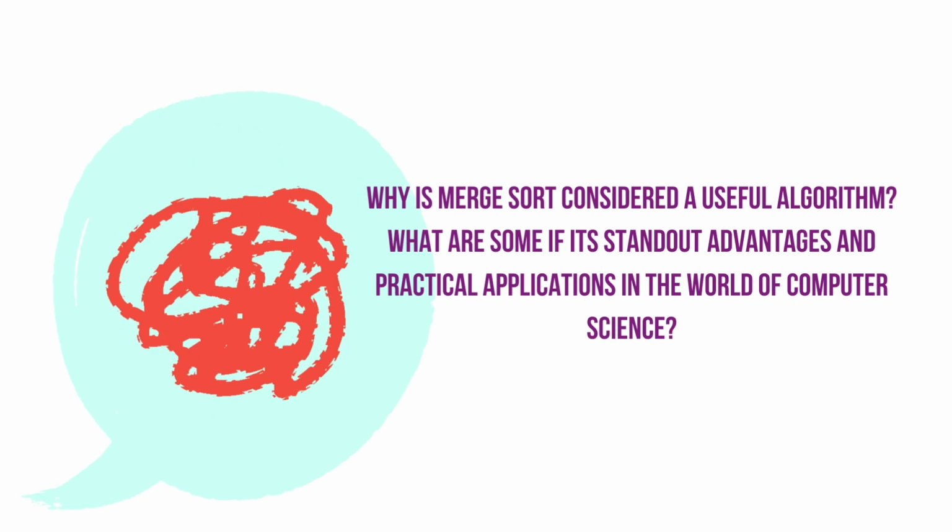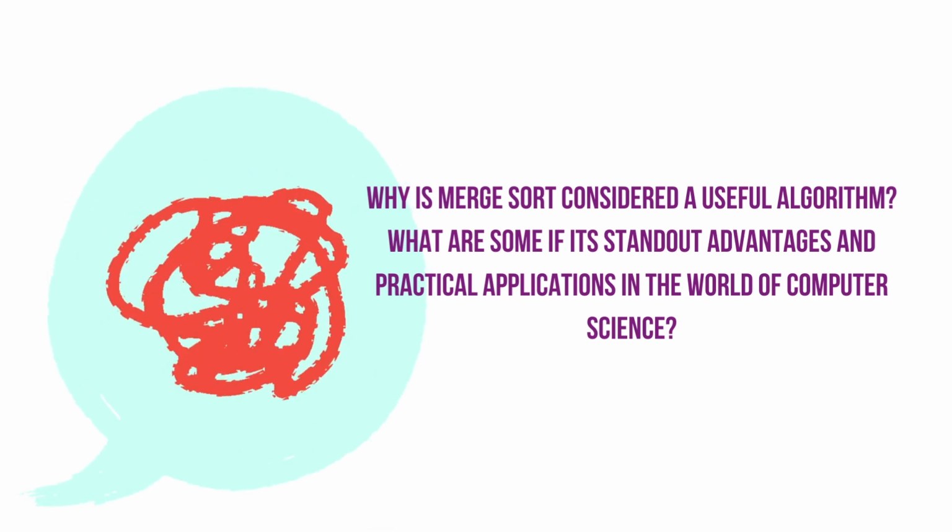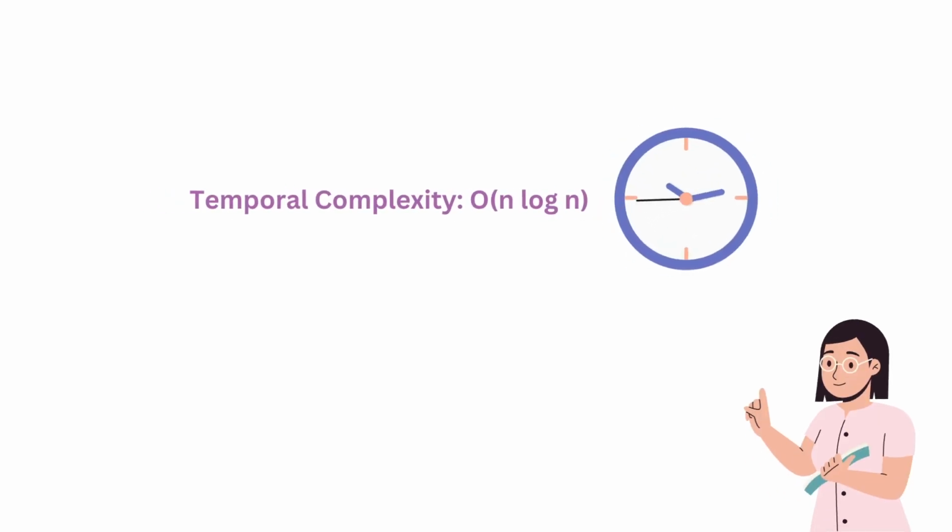Why is merge sort considered a useful sorting algorithm, and what are some of its standout advantages and practical applications in the world of computer science? That's a good question. One thing you might be curious about is the algorithm's area of expertise. So, why do we need this algorithm when there are already so many sorting algorithms? Well, merge sort has a time complexity of O(n log n), which enables it to sort big arrays quite quickly.